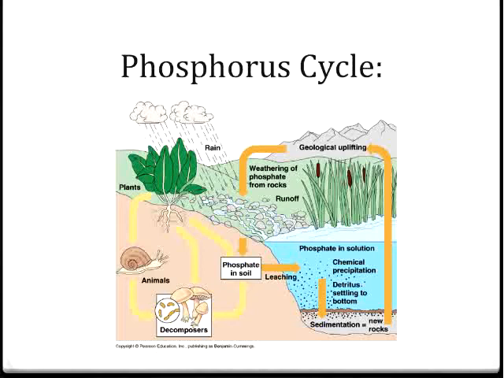Plants then take up this phosphate from the soil, as we can see right here, and the plant is then eaten by other animals, and the animals then take in that particular phosphorus, and then these animals either poop or excrete their waste or die, and the decomposers then take care of this phosphate, and it once again goes in the soil again, and this just keeps going on and on and on.